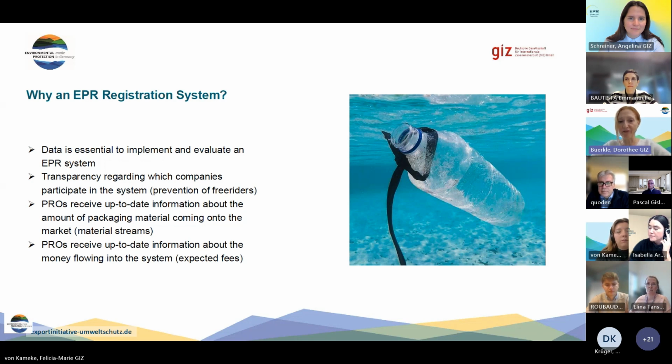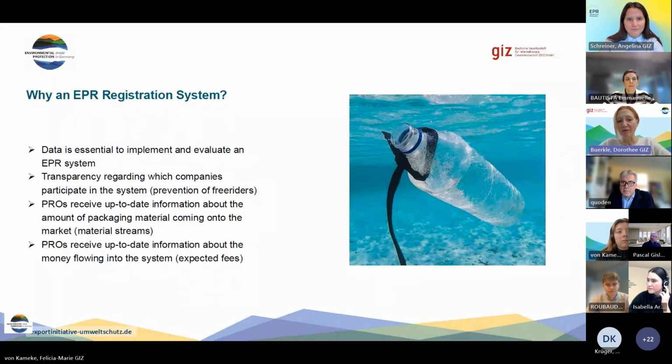It's a prevention of free riders. And also PROs receive up-to-date information about the amount of packaging material which is entering your market, and also up-to-date information about the money which is coming in, the expected fees with which you can work in your EPR system. Next slide.